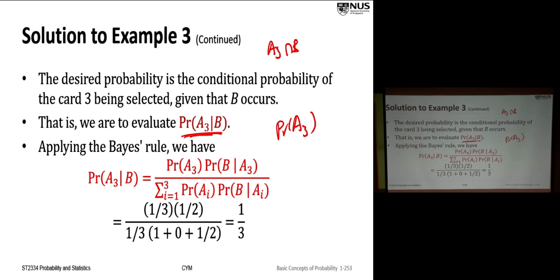So what is the chance that it is one red, one black? It's also 1/3. So what does it mean? It means that whether you see the outcome or not, it doesn't matter. The chance of getting the one side black is the same.